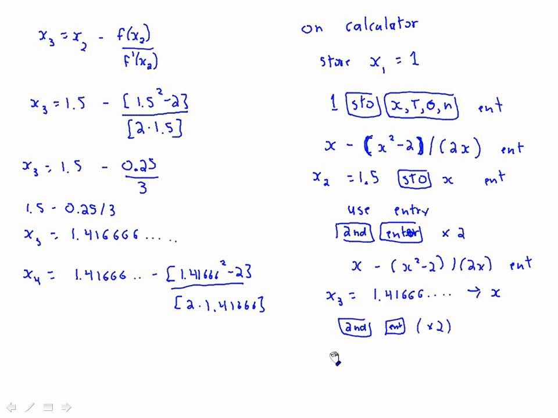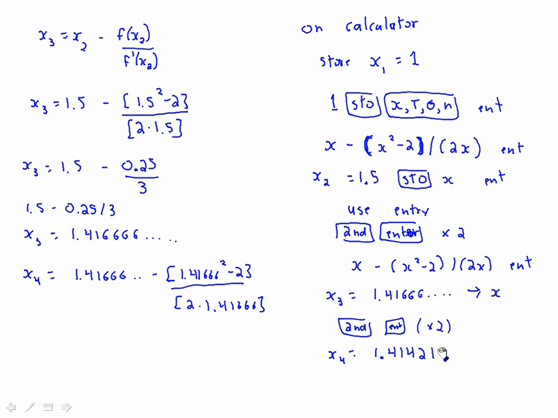And now you're going to get x4 is equal to 1.41421. So because the question was asking for 4 decimals, you keep it alive to 5 decimals to make sure you get the round right.